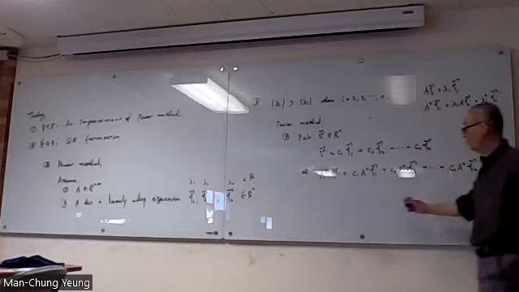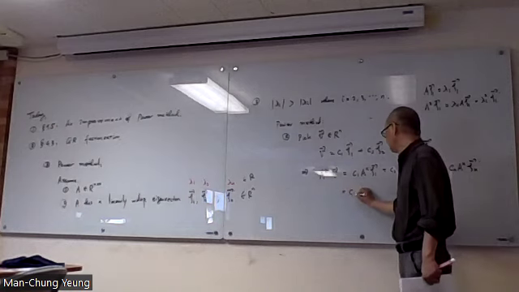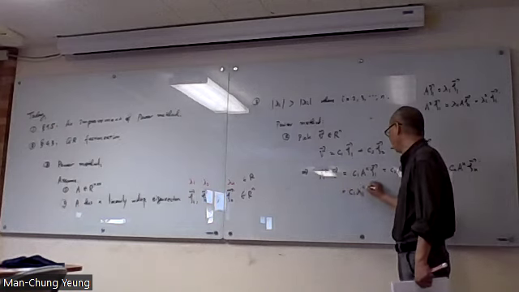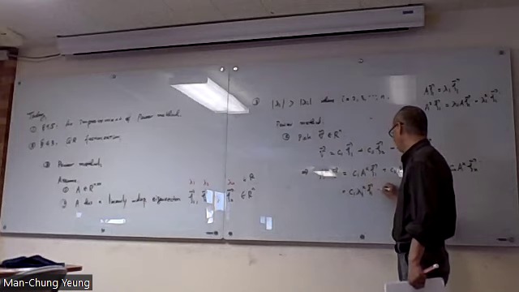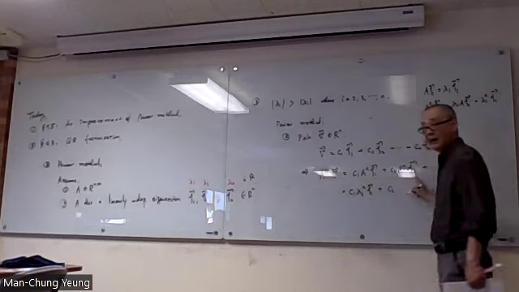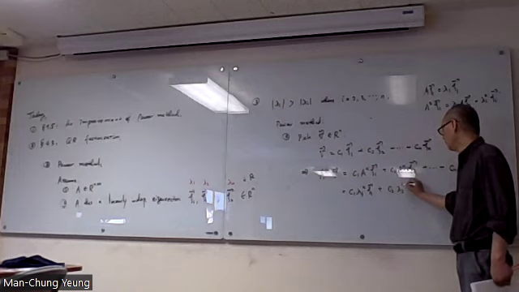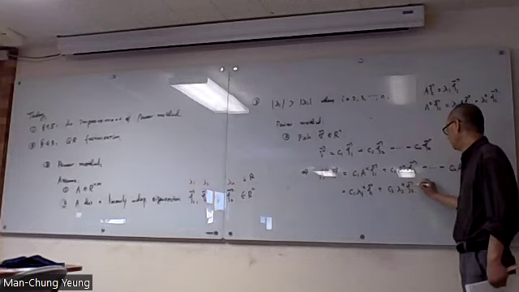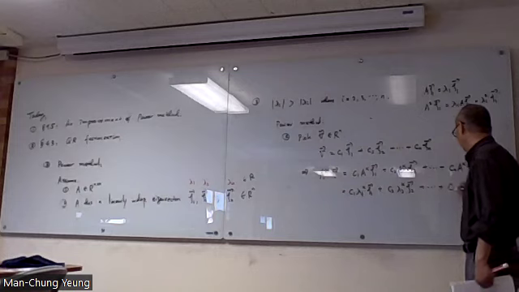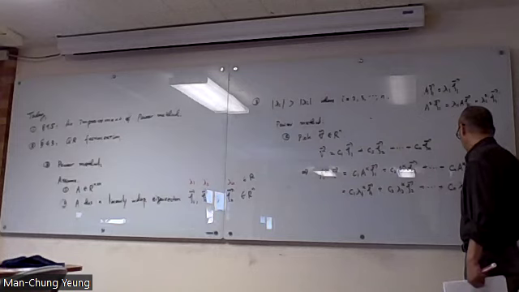In general, this is C1 lambda 1 to the k psi 1, plus C2 lambda 2 to the k psi 2, and so on, plus Cn lambda n to the k psi n.